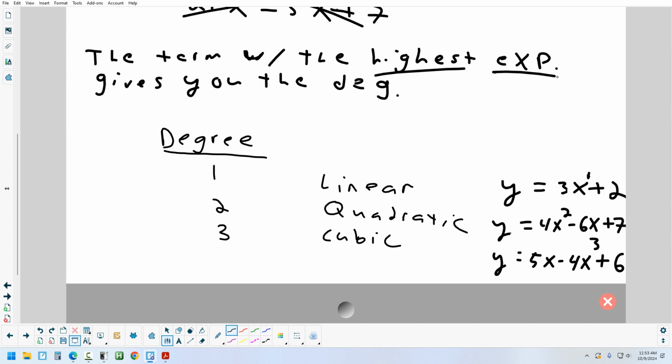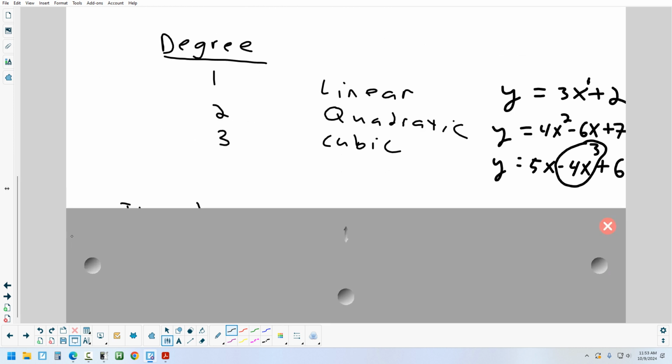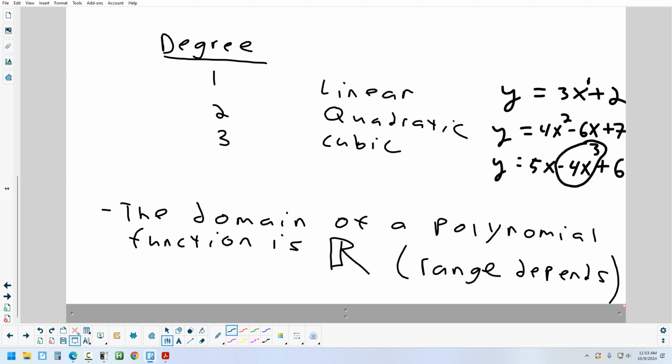If you write this in what's called descending order, then yes, you should put the term with the highest exponent first. You shouldn't put it in the middle like that. But technically, that is a degree 3 polynomial, because the term with the highest exponent is a 3. Any questions on that? So the highest exponent determines the degree.